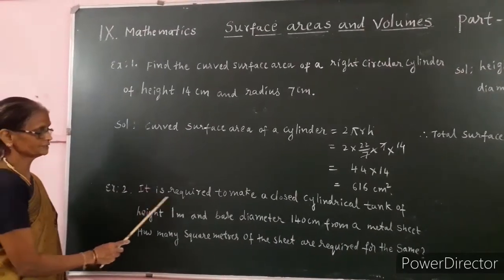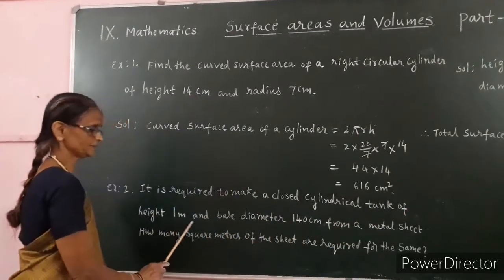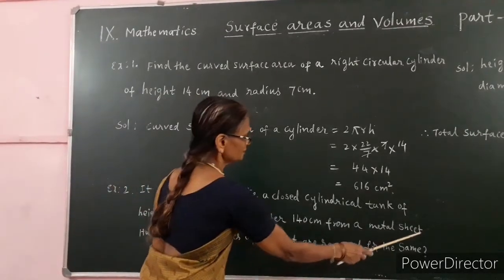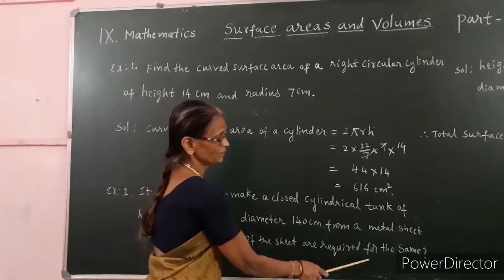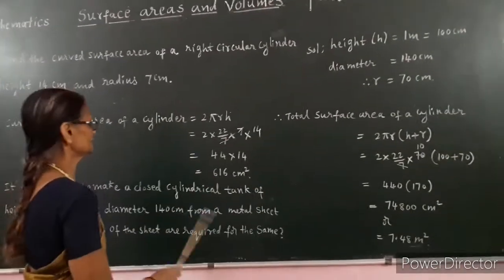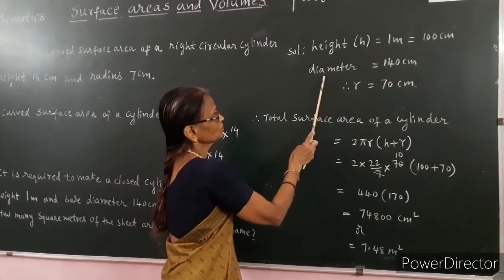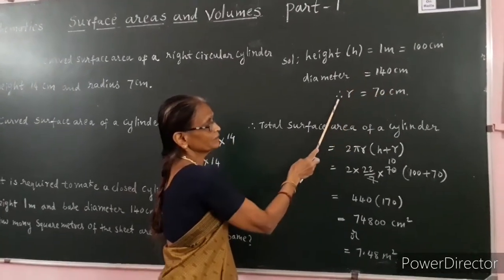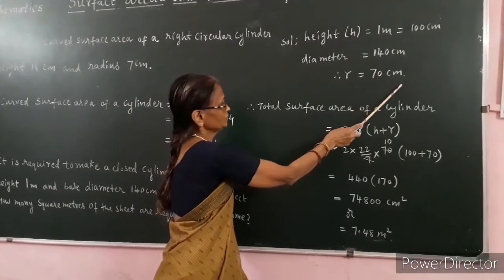Example 2. It is required to make a closed cylindrical tank of height 1 meter and base diameter 140 centimeter from a metal sheet. How many square meters of the sheet are required for the same? Now, what is given, the height is given in meters, convert it into centimeters. The diameter of the circular base is given, diameter equal to 140 centimeter, should be converted into radius, therefore r equals 140 by 2 equals 70 centimeter.